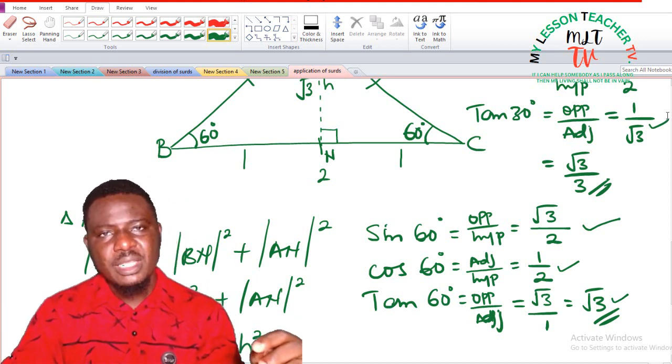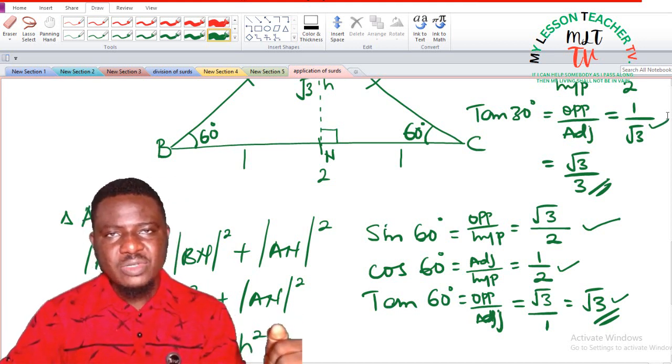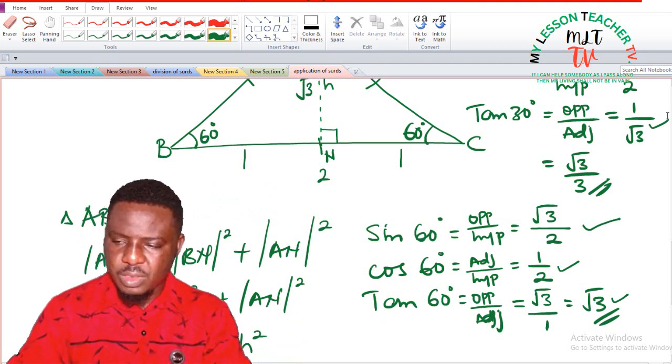So that is the relationship between trig ratios of angle 30 degrees and 60 degrees.